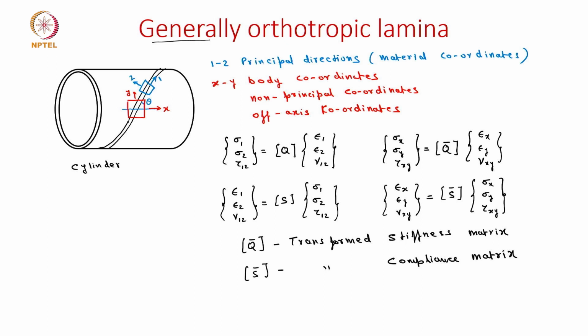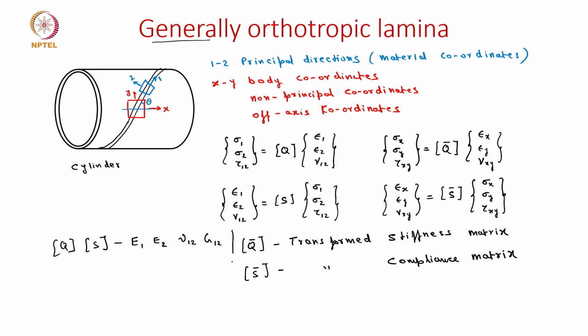But before we go there, let us see previously what are the elastic constants we have used to define the stiffness matrix and the compliance matrix. There we have used these elastic constants E1, E2, nu 12 and G12.